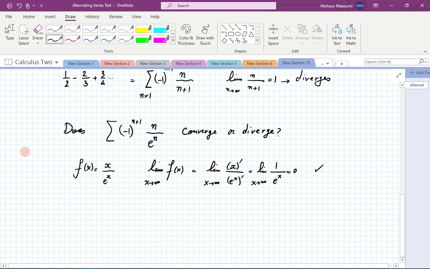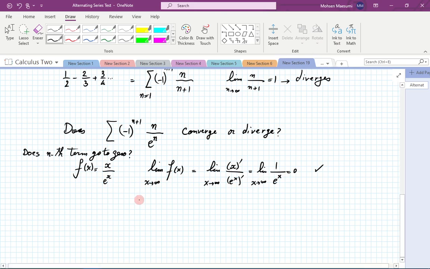So here's the question: does the nth term go to 0? We take this, convert it to a continuous function, go back to calculus 1, apply L'Hopital's rule, and then we see that, well, yes, it is going to 0.